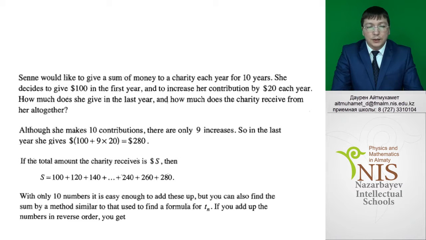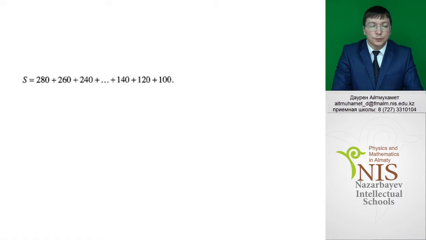But you can also find the sum by a method which is similar to that we used to find the formula in the video. If you add up these numbers in reverse order, you'll get this. The same numbers but in reverse order. And previously we had that.